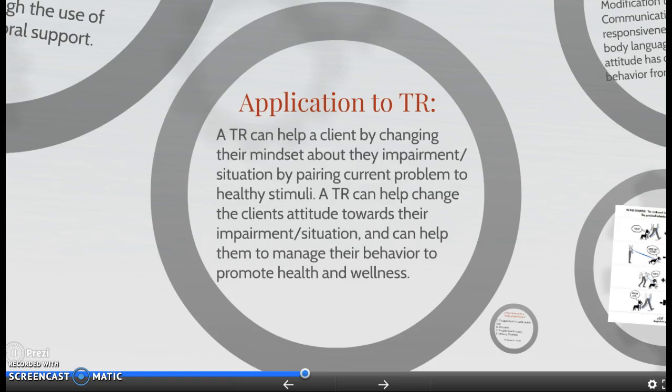Things improve greatly when you do this, and this theory is so important because it shoots the success skyward when we are able to apply this theory and a client's attitude becomes more positive.